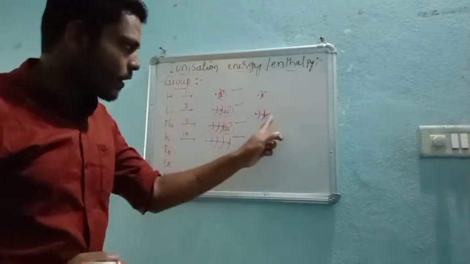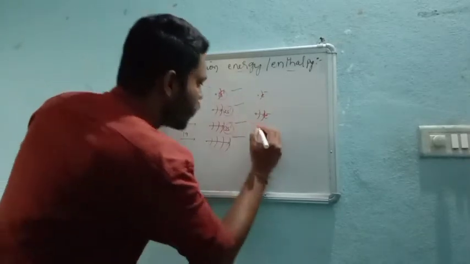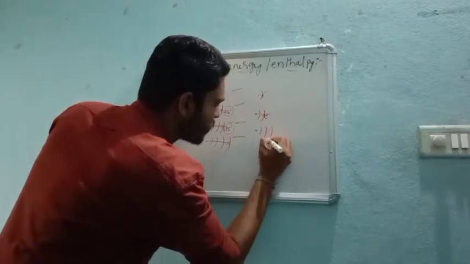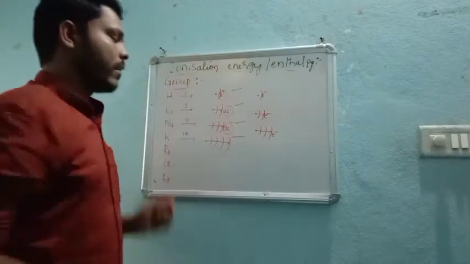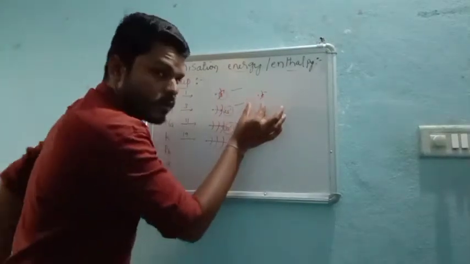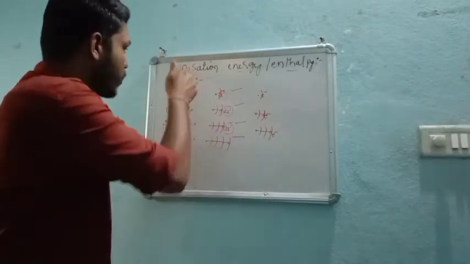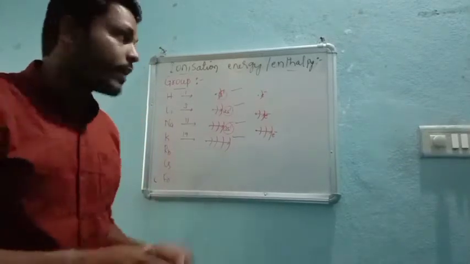In sodium, the valence shell becomes the third shell, so again it is farther. Because of the increase in atomic radius in the group, ionization energy goes on decreasing.